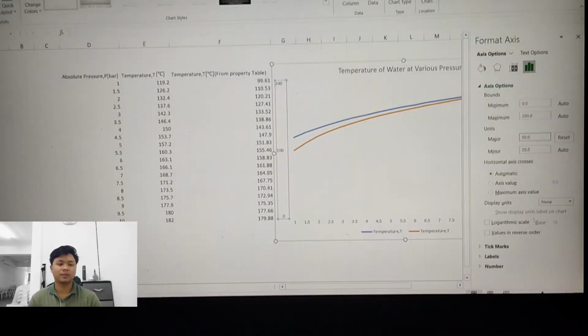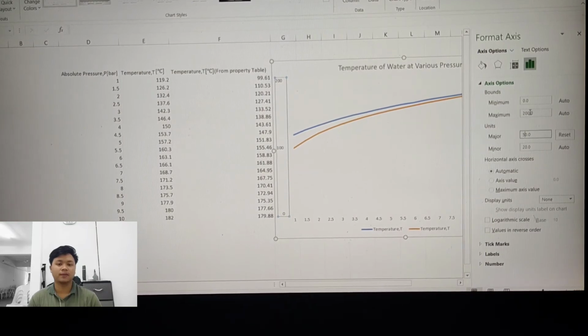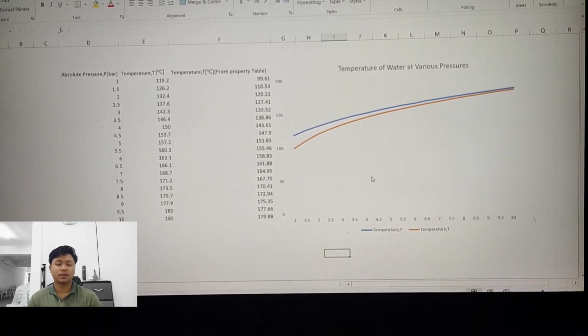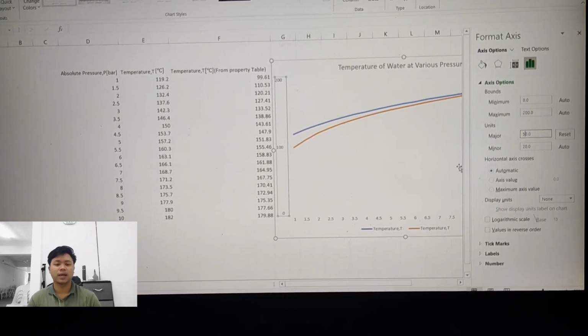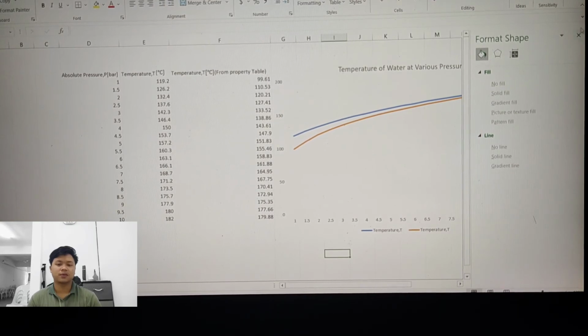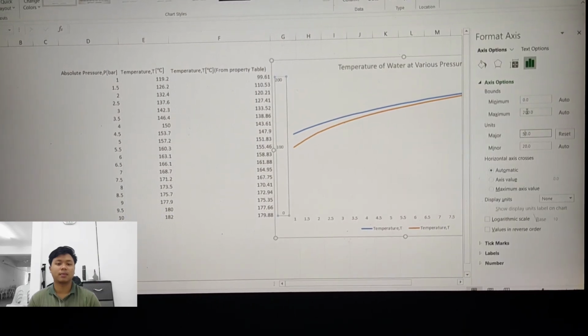The purpose of this graph is to compare the difference between the experiment temperature and the temperature from the property table. The x-axis is for the absolute pressure from 1 bar until 10 bar.